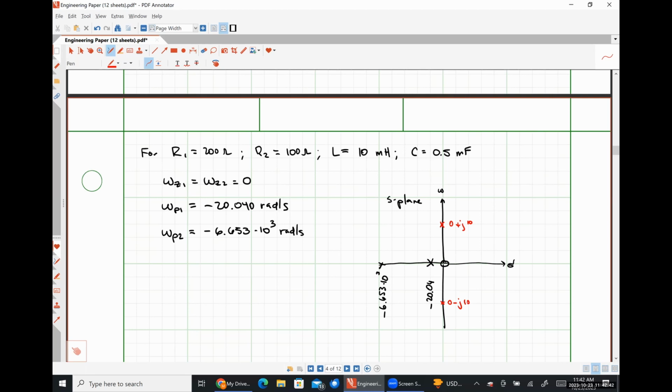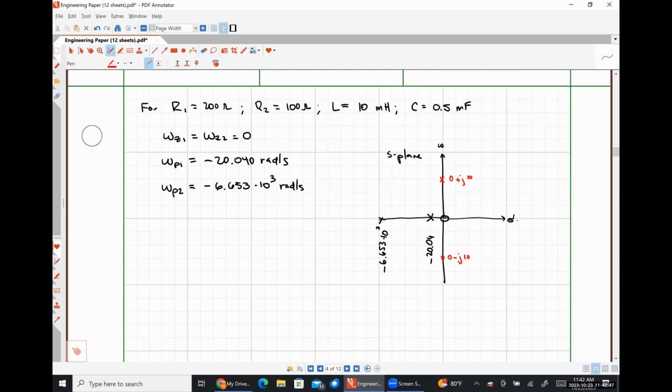Okay. So just to recap things, and let me write this down. If all poles are on the left-hand plane, we have a stable system. If any poles are on the right-hand plane, we have an unstable system.